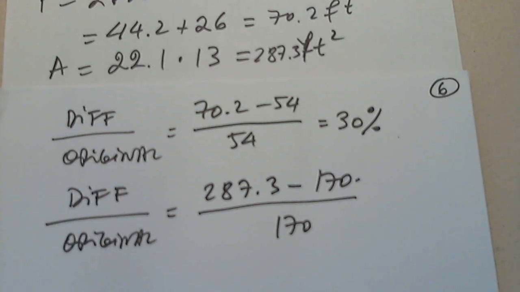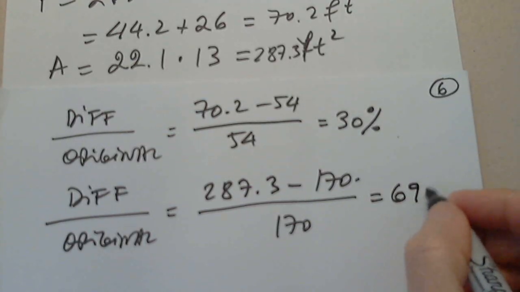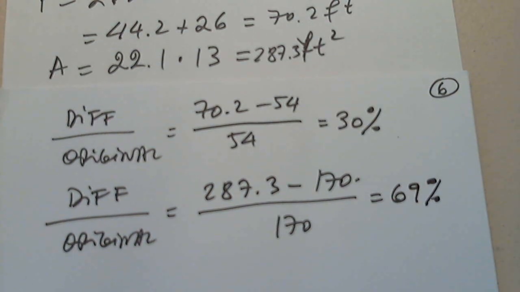Don't forget parentheses, very important. And we got 69%. Good. Now we can move on.